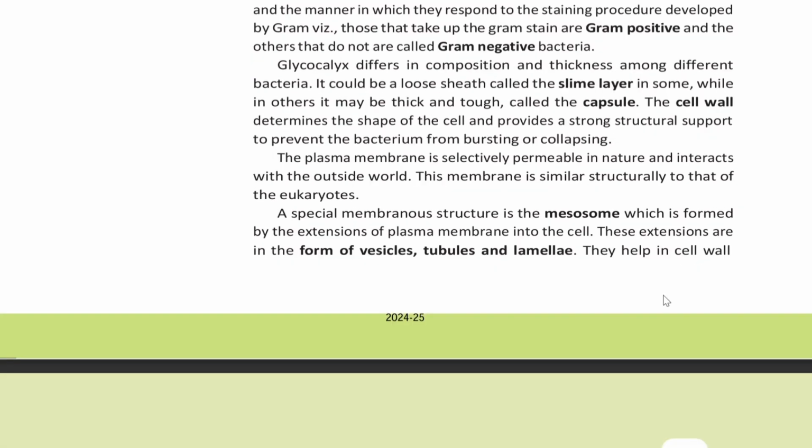The plasma membrane is selectively permeable in nature and interacts with the outside world. This membrane is similar structurally to that of the eukaryotes. A special membranous structure is the mesosome, which is formed by the extensions of plasma membrane into the cell. These extensions are in the form of vesicles, tubules and lamellae.